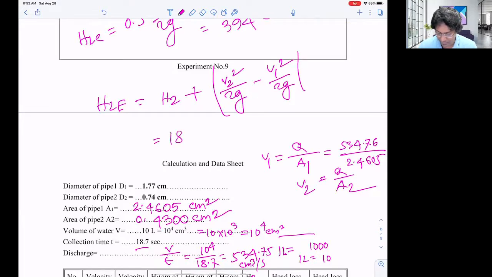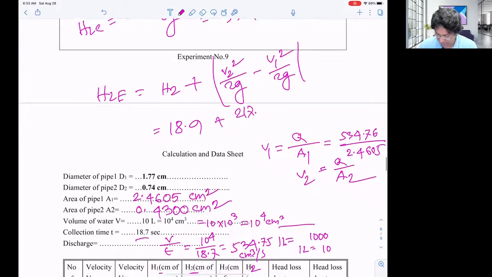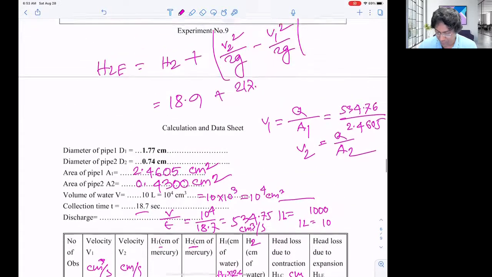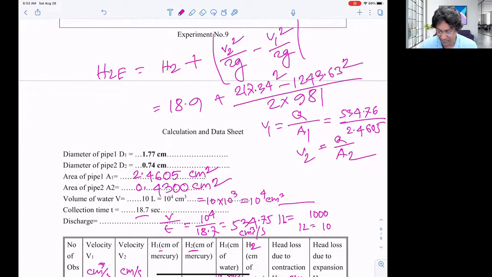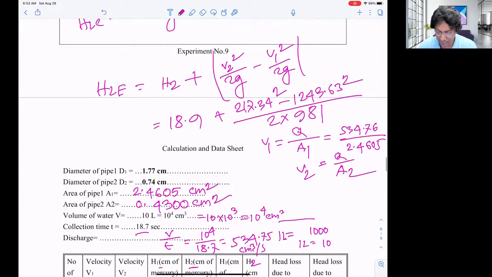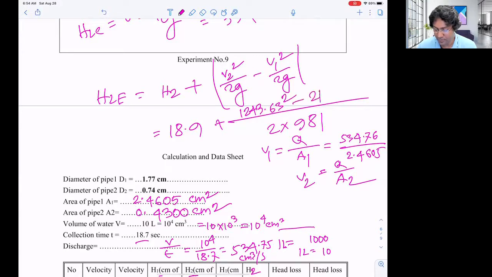It is 18.9 plus, now V2 is nothing but 217.34 squared minus 124 3.63 squared and divided by 2 into 981. So that's the same value. Oh no, it's the opposite we have. So that is V1, that is not V2. So that is V2, 124 3.63 squared minus 217.34 squared.